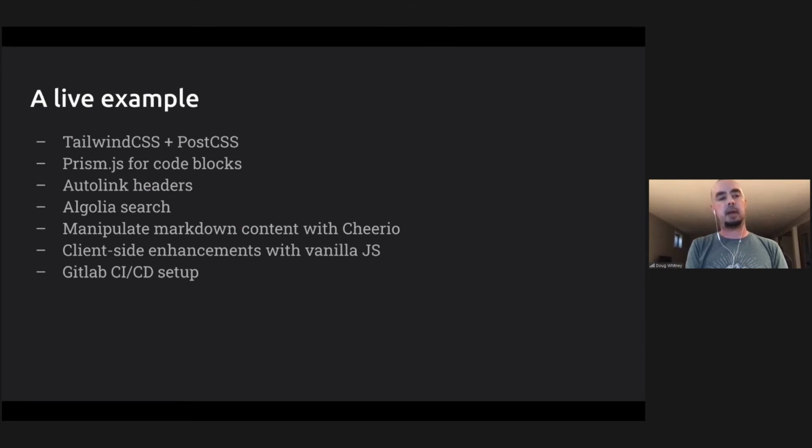That came in really handy for us because, again, we are talking about close to 100 pages of content, and finding that on the user side and surfacing the right content is always a challenge. And then additionally, you can see how we set up our continuous deployment using GitLab pages.